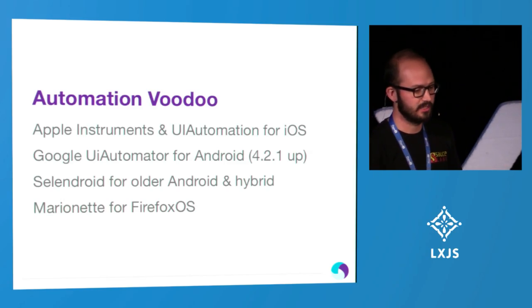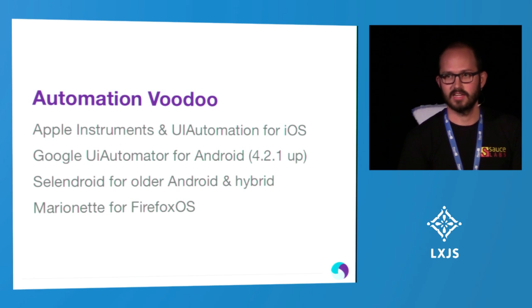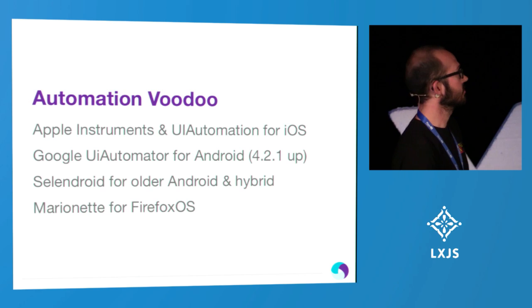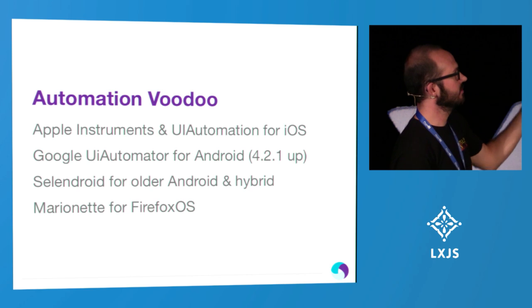So that's kind of the front end, if you will, the way that you write code to speak to Appium, the way you tell Appium what you want to happen in your app, but how does Appium then make it happen? Again, I'm not going to go into detail here, but basically we use the vendor-provided automation frameworks. So Apple has Instruments and a UI automation API.